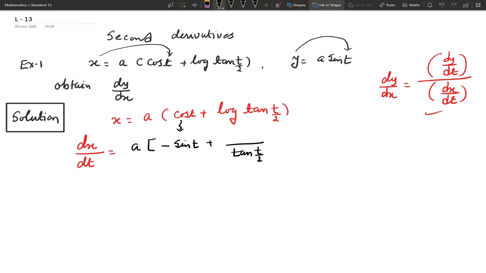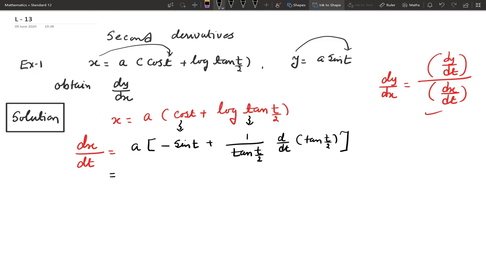So d by dt of log tan t by 2 is 1 upon tan t by 2 into, by chain rule, d by dt of tan t by 2. You note that the derivative is with respect to t.